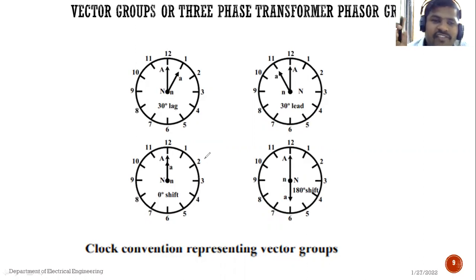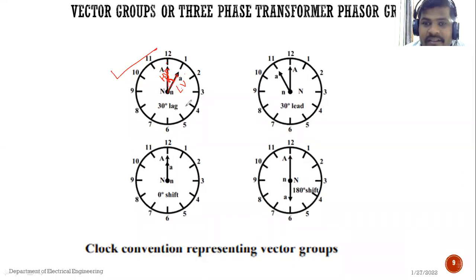Plus 30 degree, see, in case of this first one clock, या पहिल्या क्लॉक मध्ये minute hand it is connected or it is always to that of 12 position, and hour hand it is at 1 position. So minute hand represent the HV winding, or we can call it as a primary winding. Hour hand represent the LV winding, or we can call it as a secondary winding. So see, secondary winding it can be lags behind by primary winding 30 degree angle.